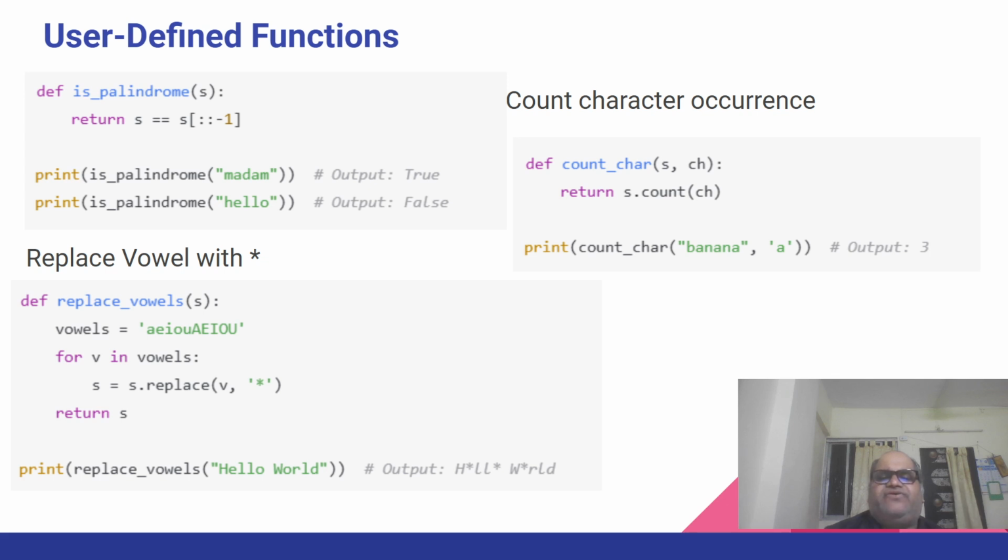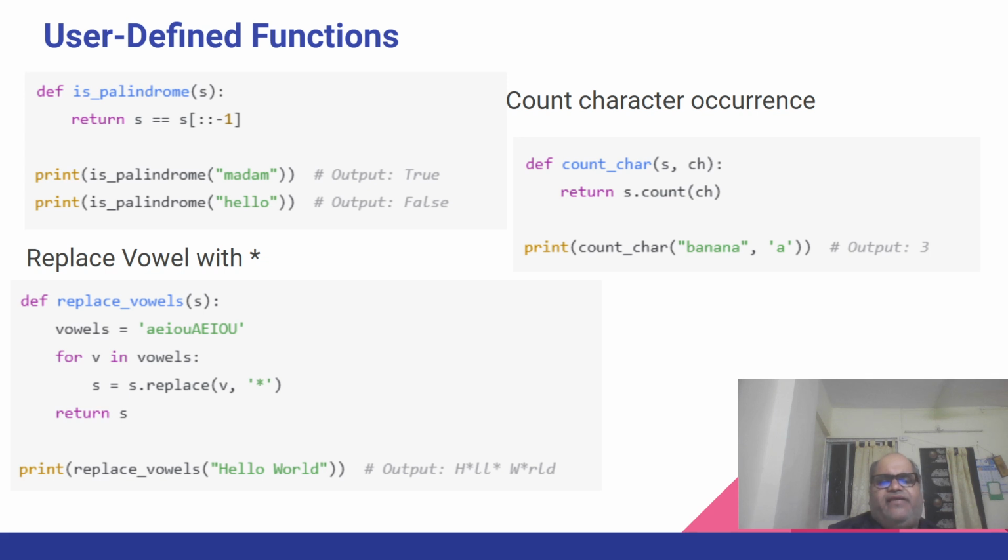For example, here we are calling it with banana, and we want to count all the occurrences of A. This one uses the built-in function count, but you can also use a simple loop and compare if the current character is equal to the given character in your string.